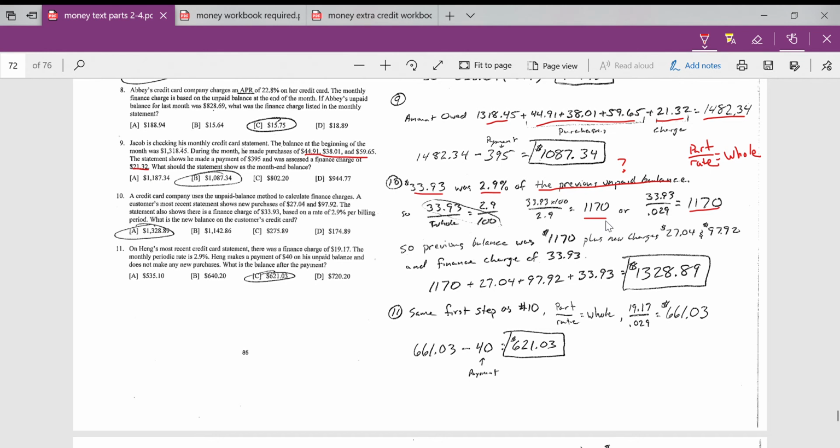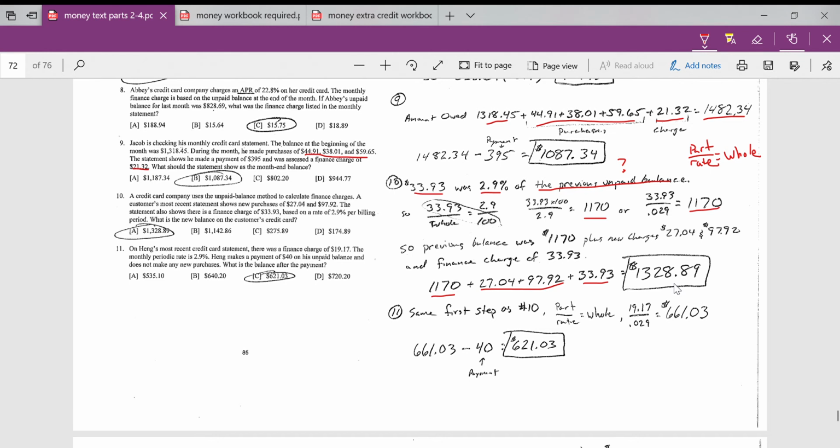Okay, and then also the finance charge. So we've just figured out above, this was the unpaid balance before. He's got the 2 purchases and a finance charge. That's all money they owe. So we got to add all that up. And now, if there was no payments made, the unpaid balance would be this $1,328.89.